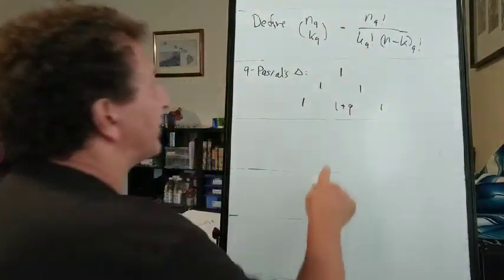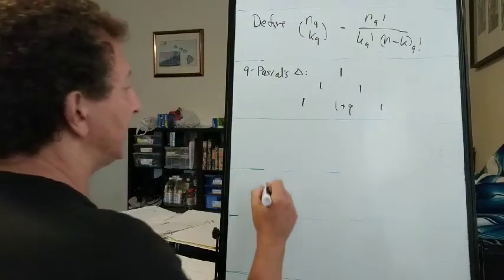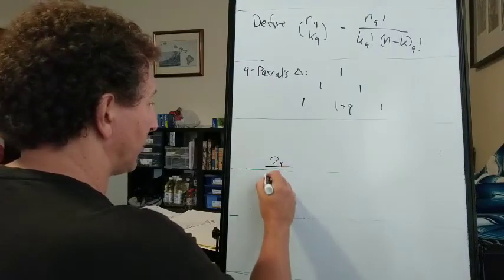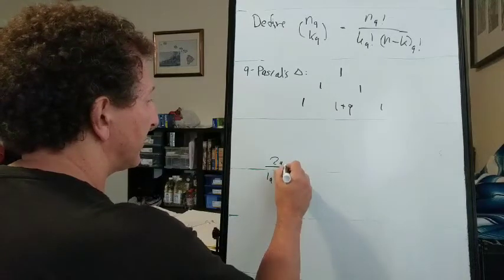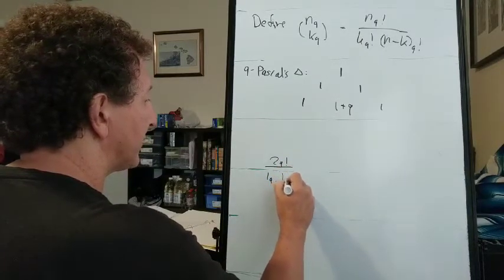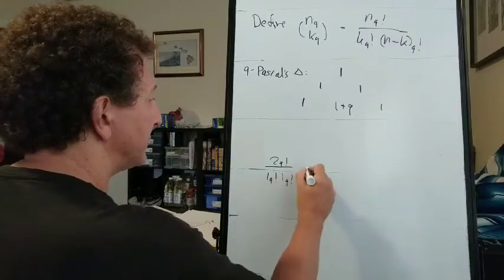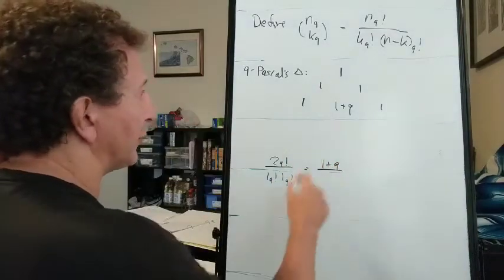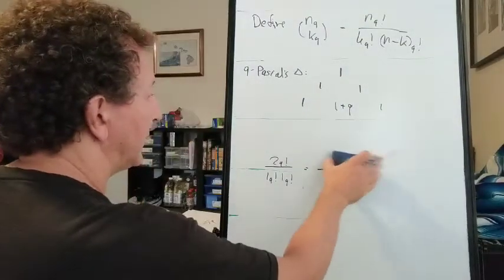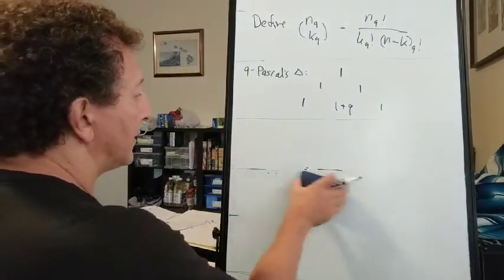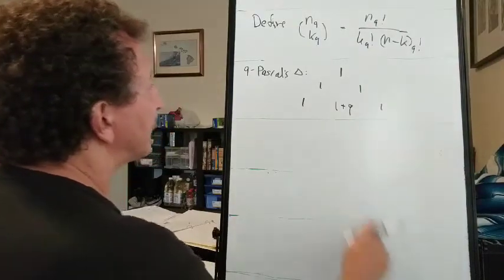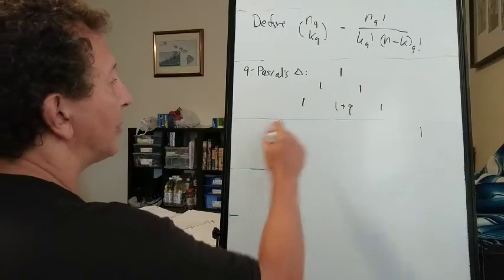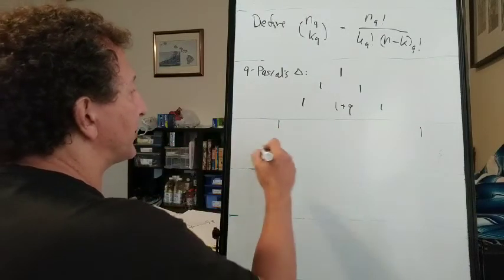So we're going to have 1s all the way down the outside. And so the first one that's neither of those is quantum 2 choose quantum 1. So that's 1 plus q over 1 times 1. So it's just 1 plus q. Let's do another row. So here we are, quantum 3 choose quantum 1.